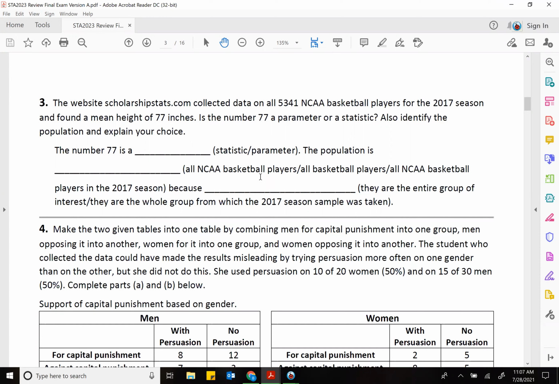The last one. It's a very specific population. It is all NCAA basketball players in the 2017 season.